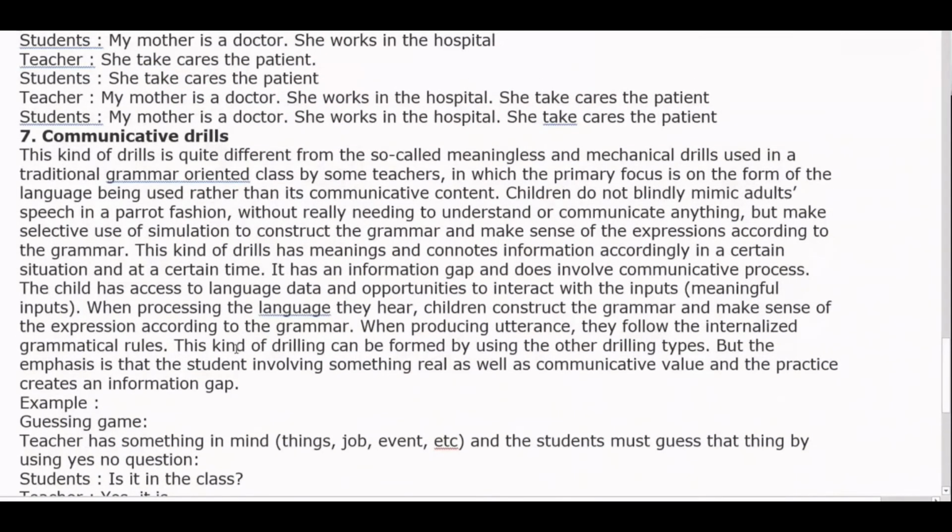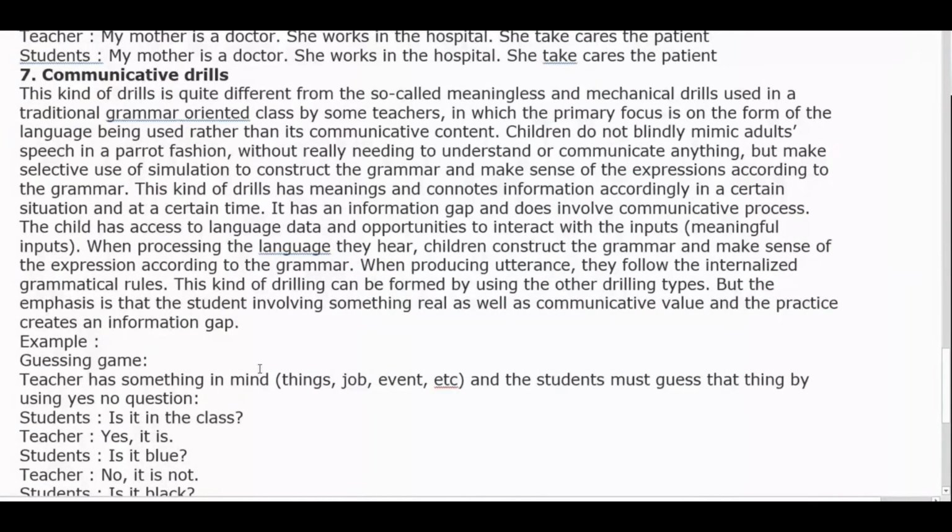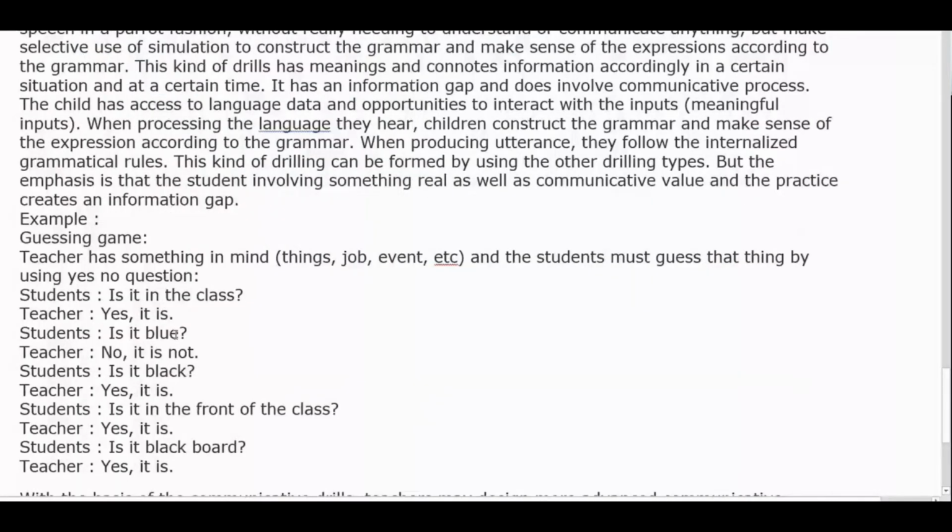Then the seventh type is communication drill. You teach the students to communicate, to use the language. The information gap activities help you communicate, right? For example, there is guessing game. What is the name of the game? Guessing game, right?